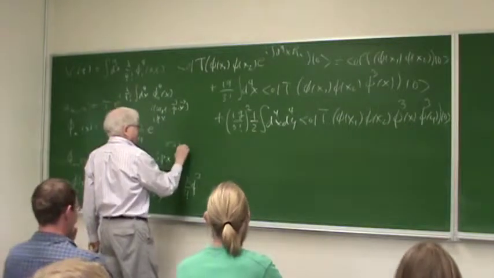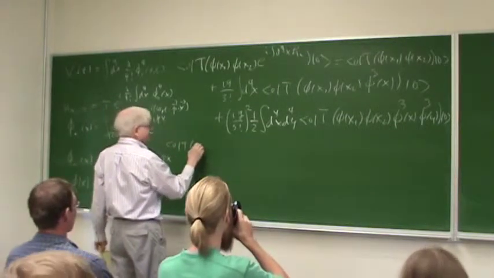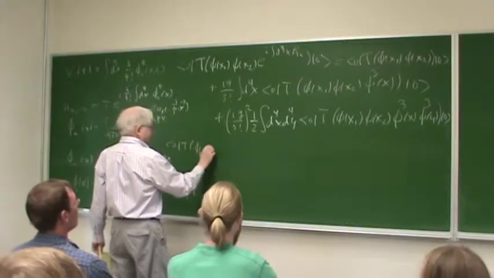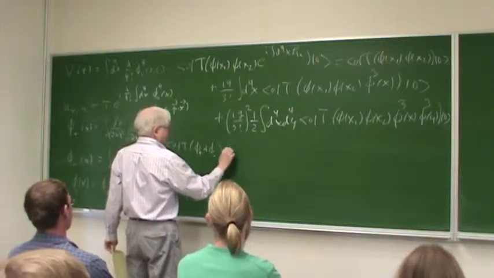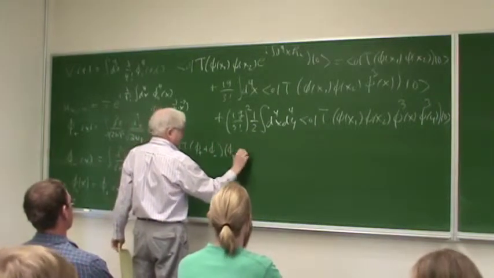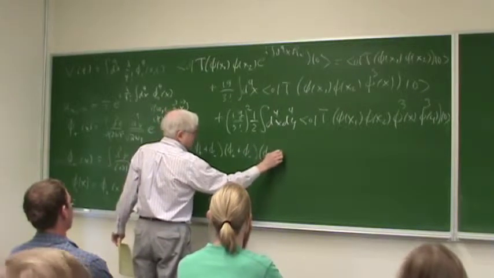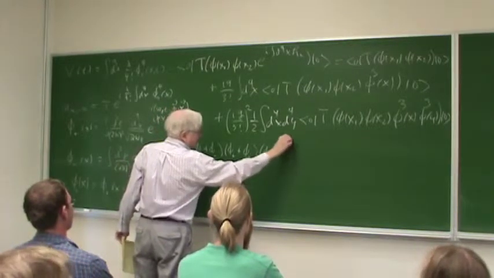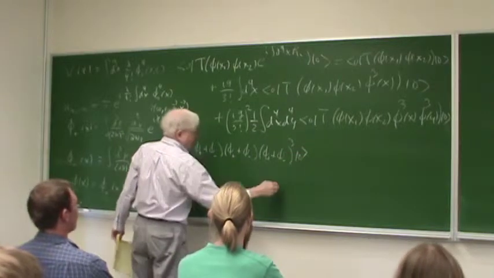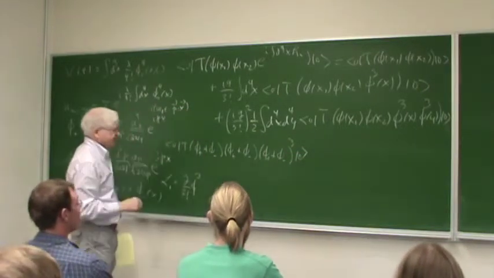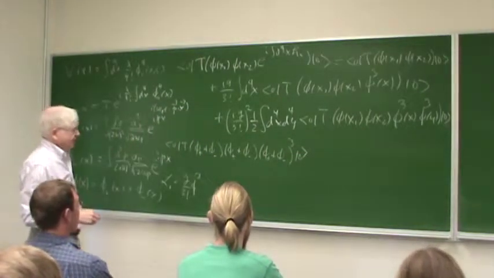It's the vacuum expectation of the time-ordered product, creation plus annihilation, creation plus annihilation, creation plus annihilation, cubed, 0. And I'll forget the time order in a moment.